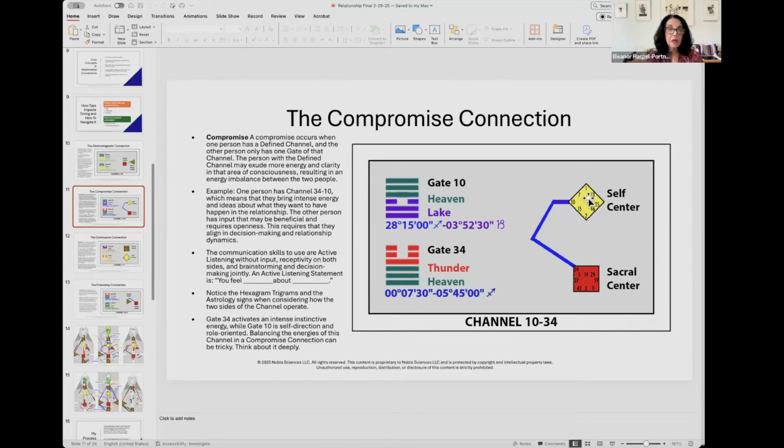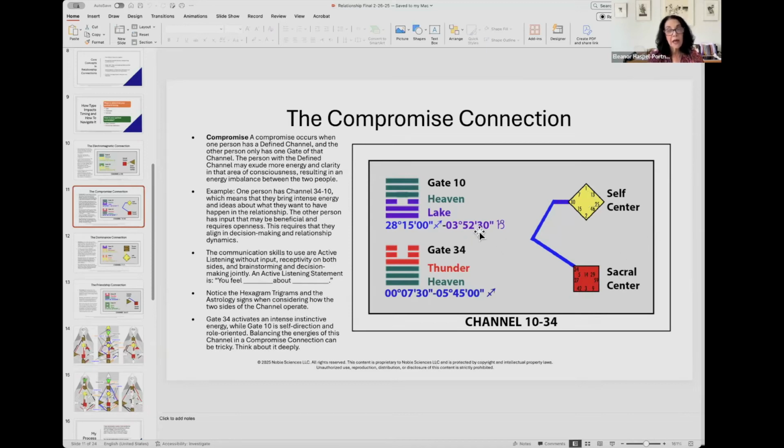When you have a compromise connection or an electromagnetic connection, you want to balance the perspectives of both people. And that's true in any relationship. You are always going to be asking the other person for their input before you take action.